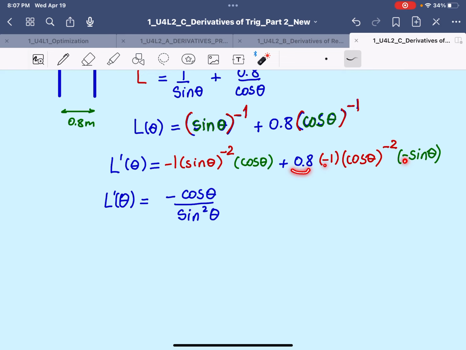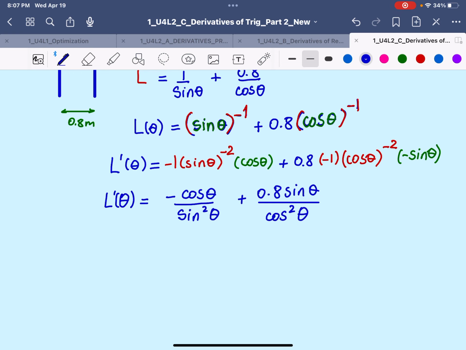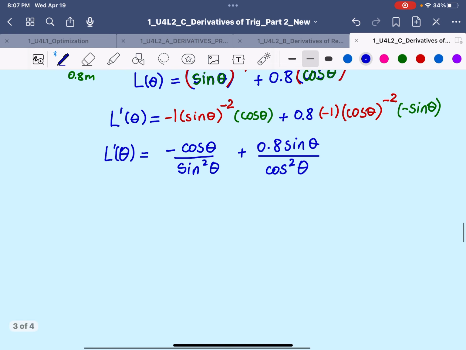So 0.8 times 1 times sine theta stay on top: 0.8 sine theta divided by cosine squared theta. So this is the derivative. We have simplified somewhat, but remember that we need to make this equal to 0. And for this, we will need the derivative to be expressed as a single rational expression because it makes it easier to find the zeros of it.